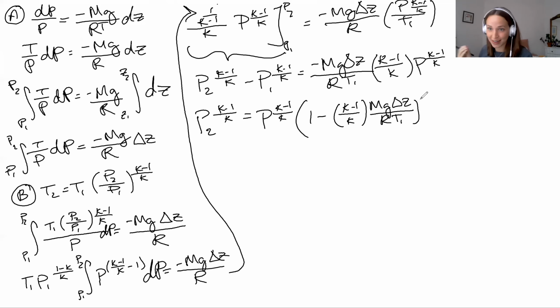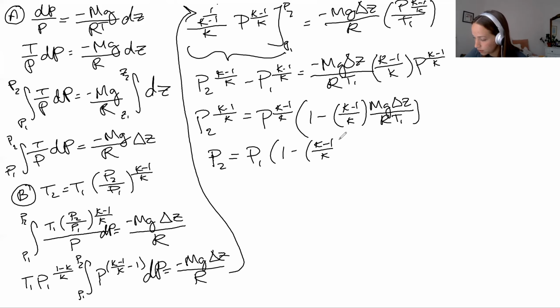So finally, we can raise both sides to K over K minus 1 so that we can finally have our final pressure equation. So P2 is equal to P1 times 1 minus K minus 1 over K times mg, and then this is all raised to the K over K minus 1.